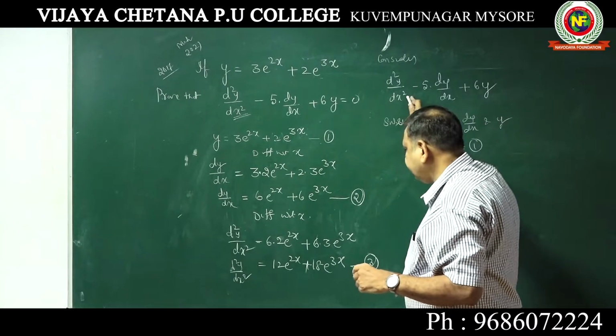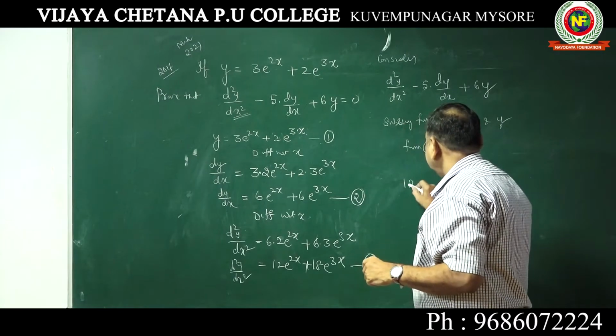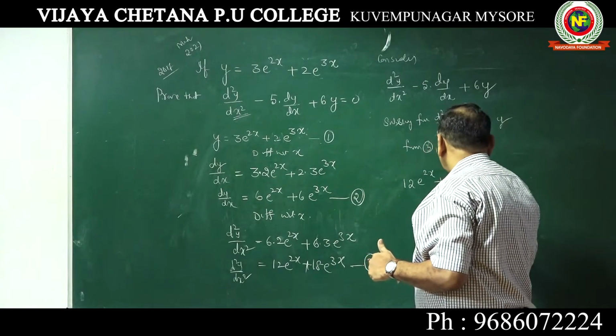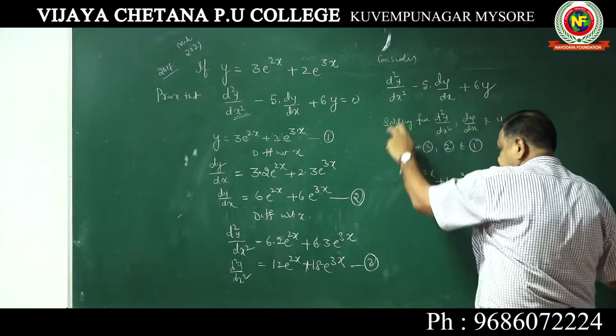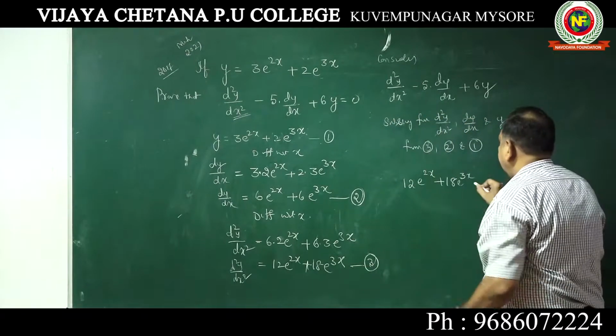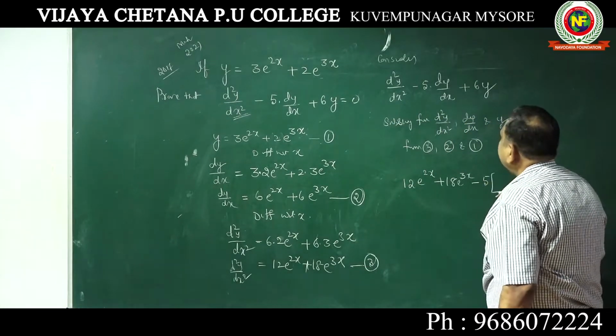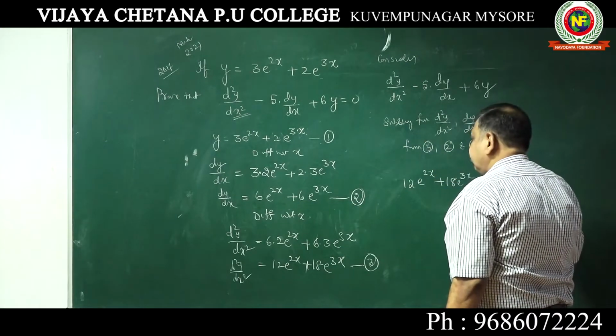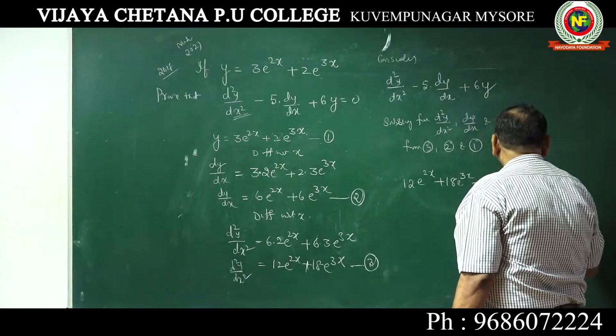So when you substitute d square y over dx square, it is 12 e to the power of 2x plus 18 e to the power of 3x. Then I am substituting minus 5 into dy by dx, which is 6 e to the power of 2x plus 6 e to the power of 3x.